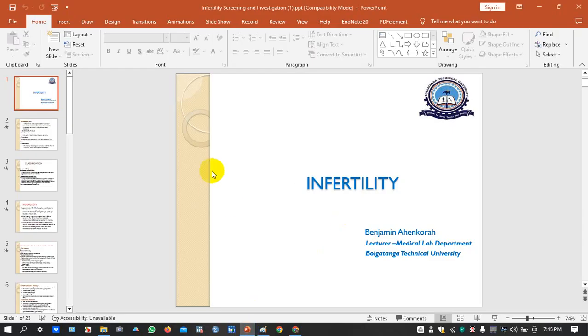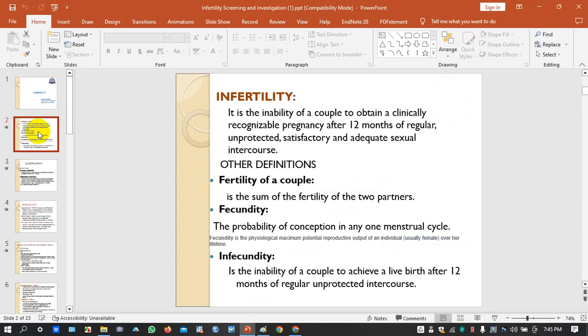Infertility. How do we work it out? Okay, so infertility is the inability of a couple to obtain a clinically recognizable pregnancy after 12 months of regular, unprotected, satisfactory, and adequate sexual intercourse.